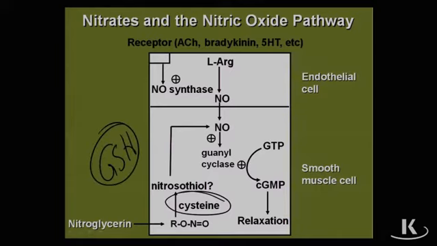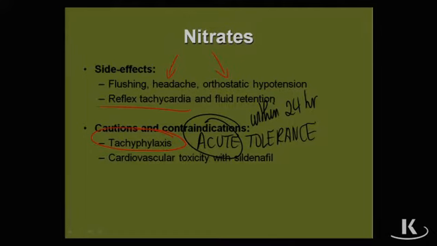Well, GSH is in finite stores, and these finite stores would be depleted if I was constantly using the GSH for activation of nitroglycerin. This is why we recommend that nitroglycerin would be used primarily acutely and not chronically. Chronic use is associated with acute tolerance.